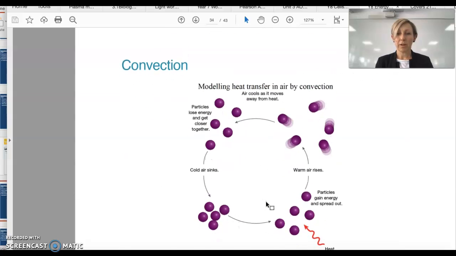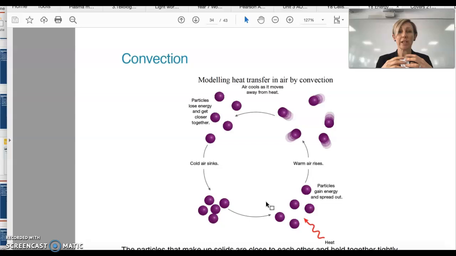The idea of convection, fundamentally you need to remember that as we add more energy to particles, as we turn something from a solid to a liquid or liquid to a gas, we're adding energy and changing the state. And as you change the state, you increase the space between those particles. Now, the more space between the particles, the less dense that substance is, whether that's air or a liquid, and it will actually rise, and that's the basis for convection.